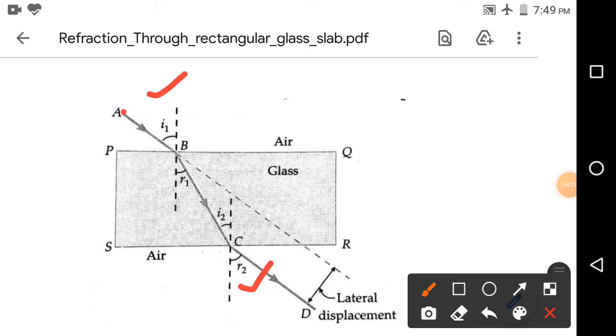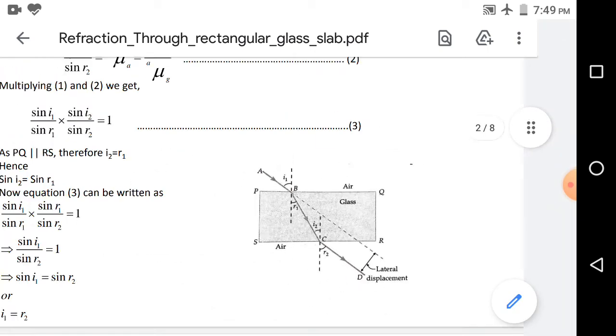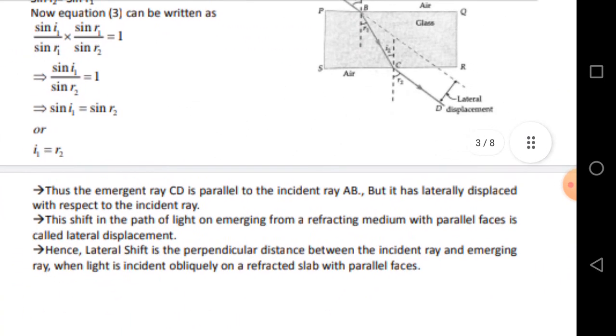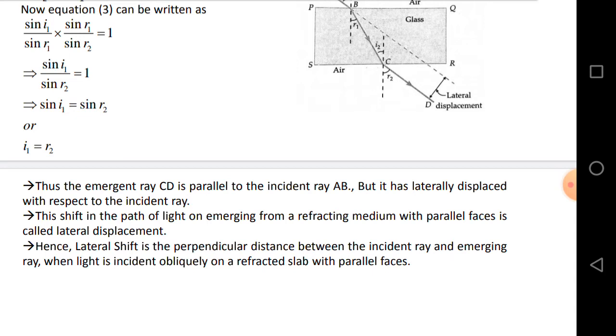That means the incident ray and the emergent ray are parallel to each other. So the emergent ray CD is parallel to the incident ray AB, but it has been laterally displaced with respect to the incident ray. Okay, they are not coinciding.